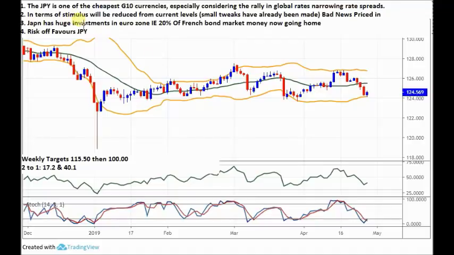In terms of stimulus in Japan, it will be reduced from current levels. It's a big stimulus package, okay? They've already made small tweaks, very small, but stimulus will be coming to an end. And that's why most analysts, economists and brokers say, oh, the yen is going down, keep going down because of stimulus. Well, the bad news is priced in, okay?